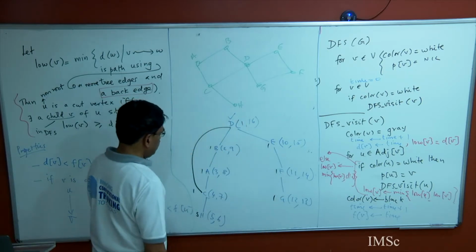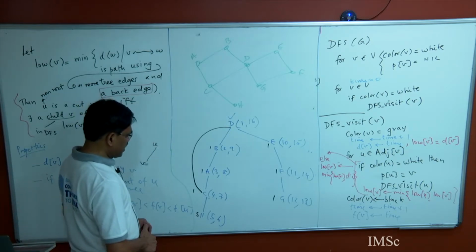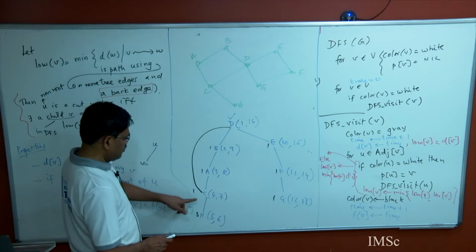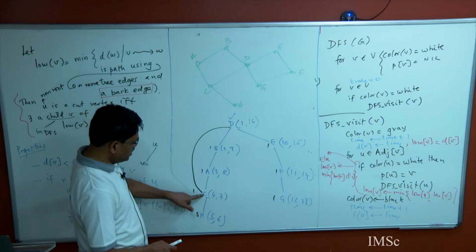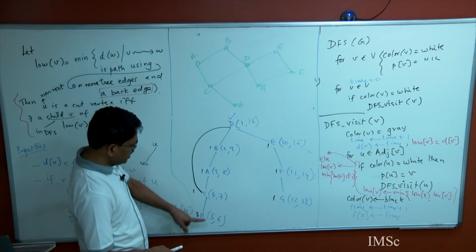So now we will see, is there a vertex whose child cannot reach above? If you look at C, it has a child H whose low value is strictly greater than 4.